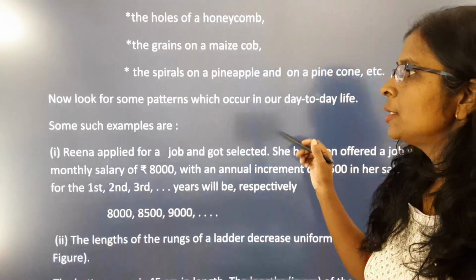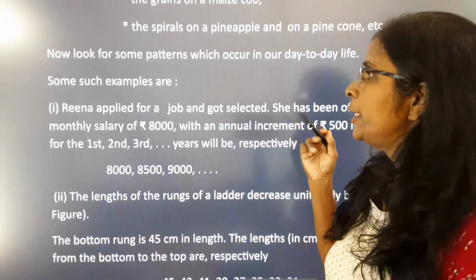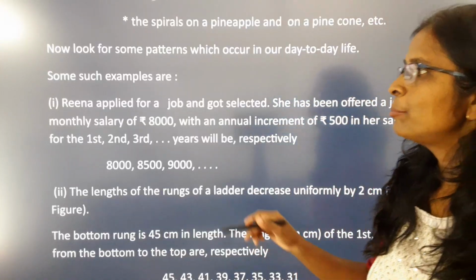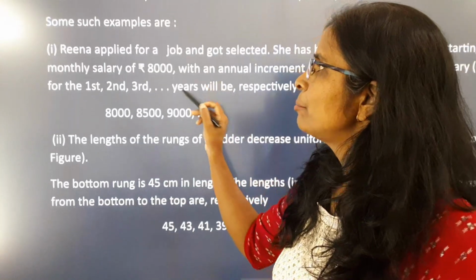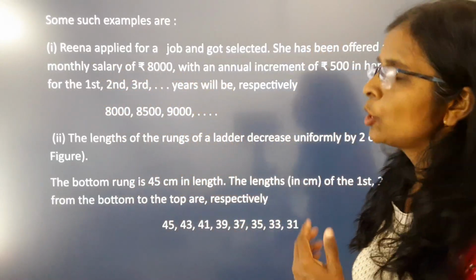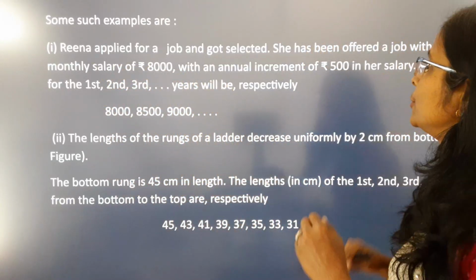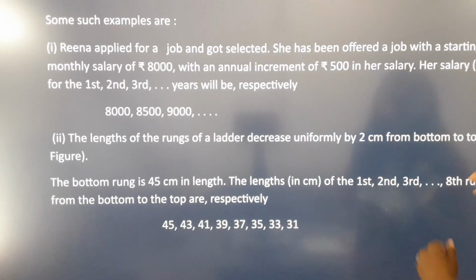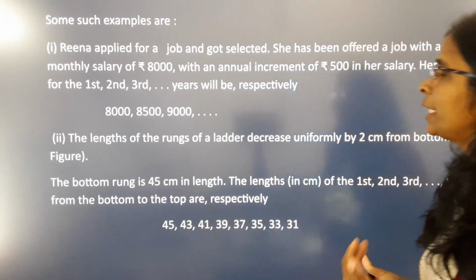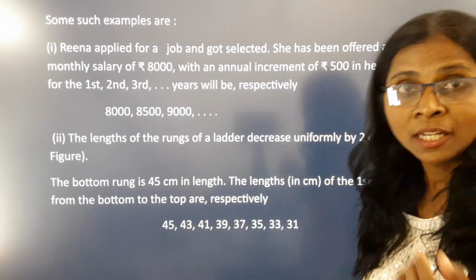Now here are some patterns which occur in our day-to-day life. Let us see examples of these. First, the example of Rina. Rina applied for a job and got selected, and she has been offered a job with a starting monthly salary of rupees 8,000 with an annual increment of rupees 500.